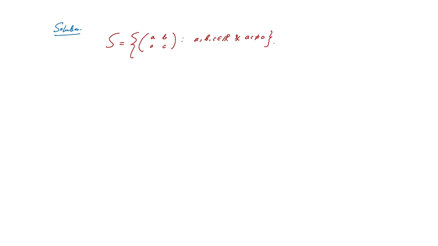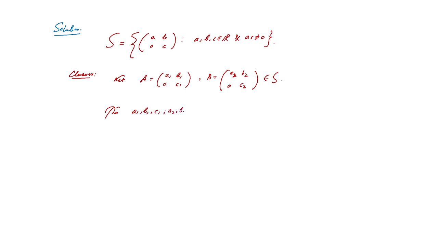First we will check closure. For the closure property, let two elements [A1, B1; 0, C1] and [A2, B2; 0, C2] both belong to S. Then A1, B1, C1, A2, B2, C2 are all real numbers, with A1, C1 non-zero, and A2, C2 also non-zero.